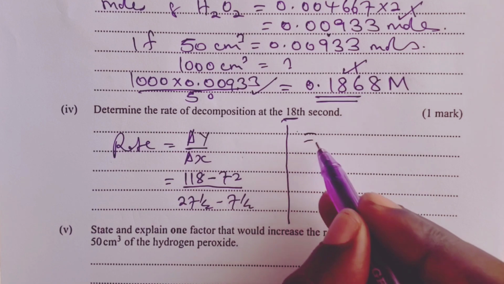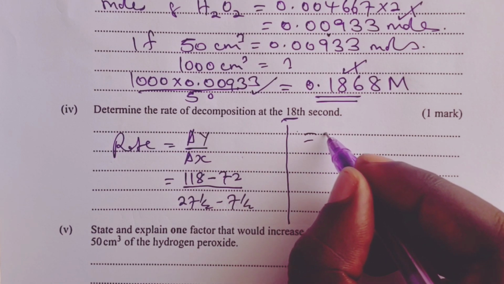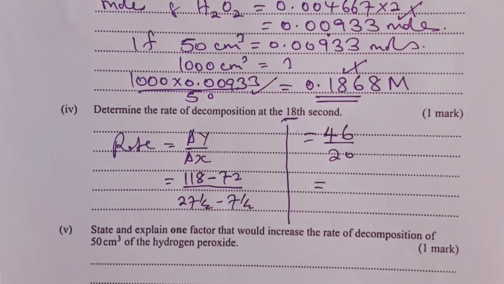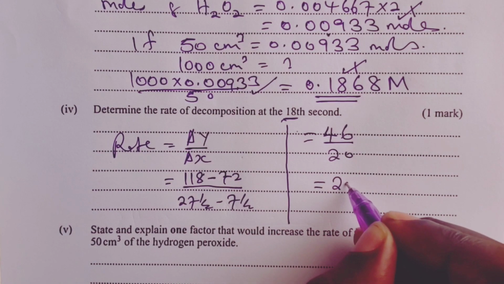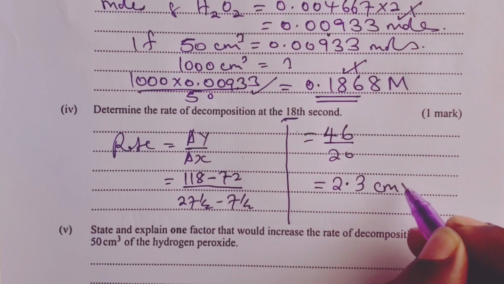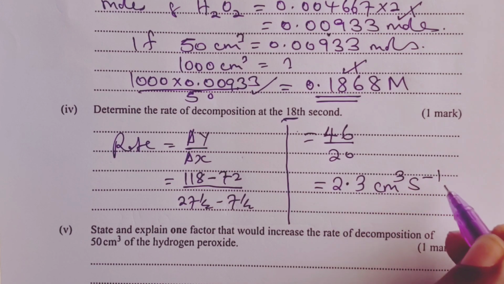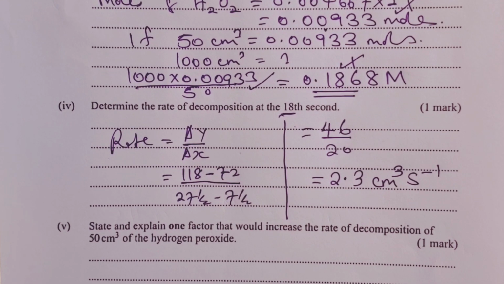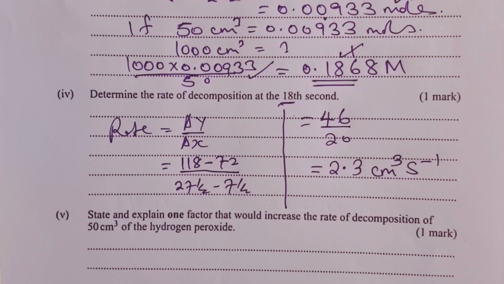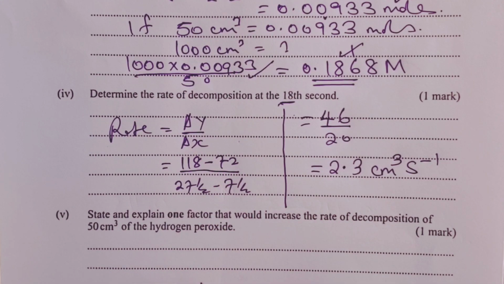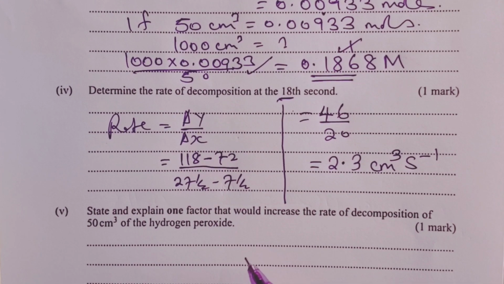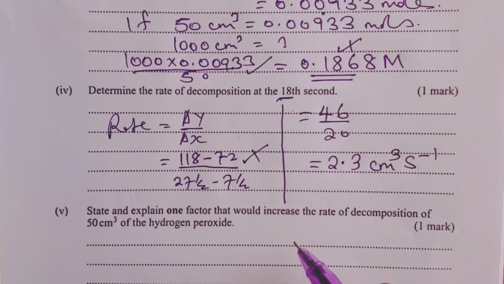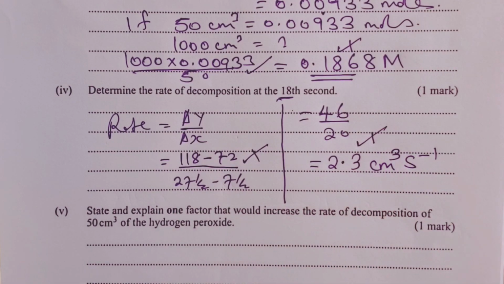When I do this, I'm able to get 46 by 20, and that gives me a rate of about 2.3 cubic centimeters per second. Of course, your answer need not be the same as mine, as long as you follow the correct working and you have different sets of coordinates. Your answer is as good as mine. So a half for the subtraction for y and x, and a half for the answer.